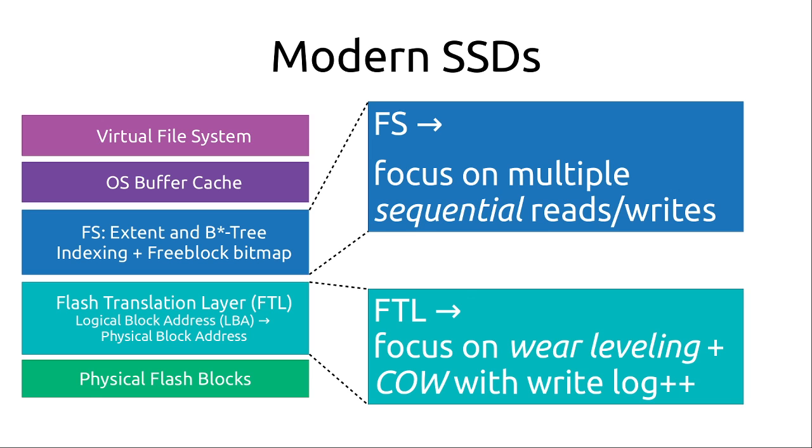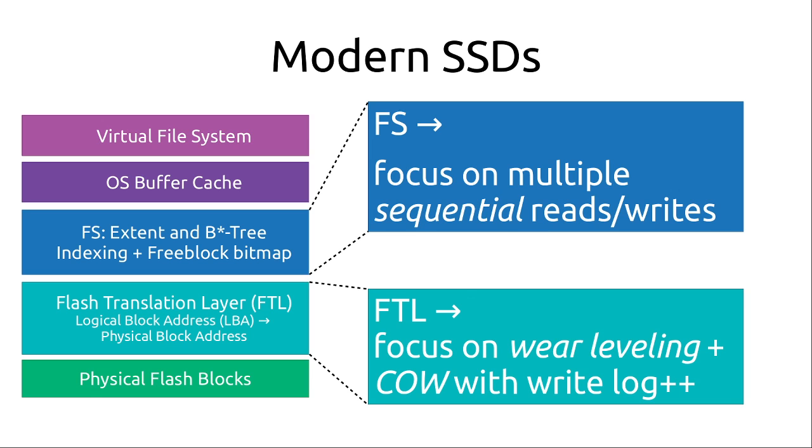So what you have next is what's called an FTL, a flash translation layer, which is often a small little microcontroller on your actual SSD. This is not on your main chip. This is on your SSD, on your flash device. And it maintains a mapping between the logical block addresses that your file system uses.